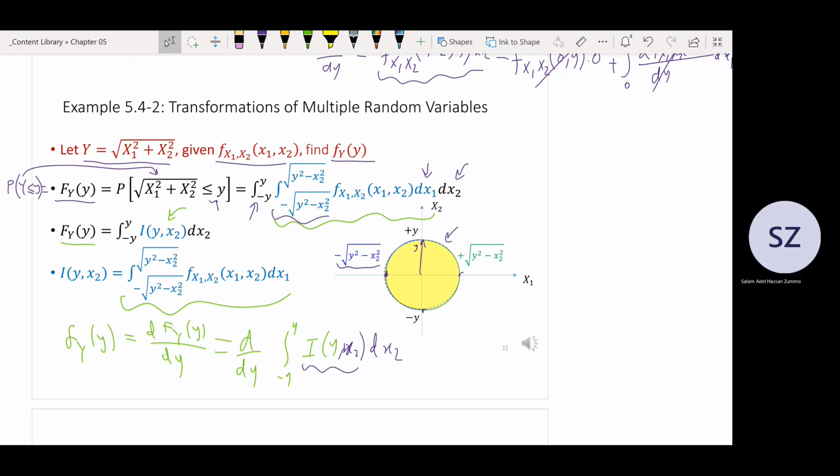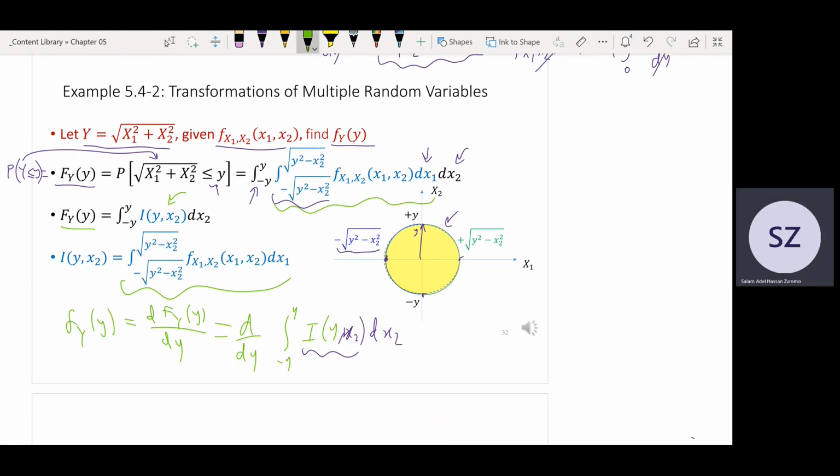This line is the equation of x1 squared plus x2 squared equals 1, right? This is the circle, and any point here satisfies x1 squared plus x2 squared giving you this.